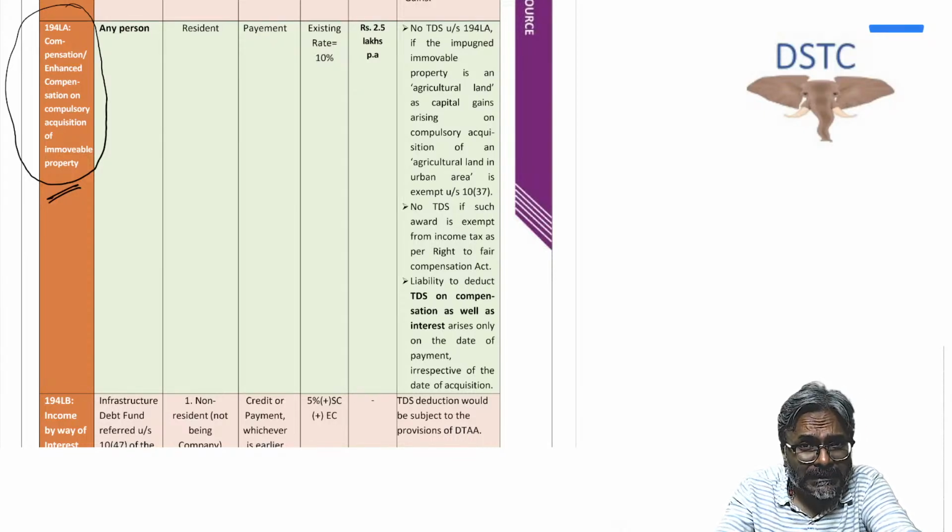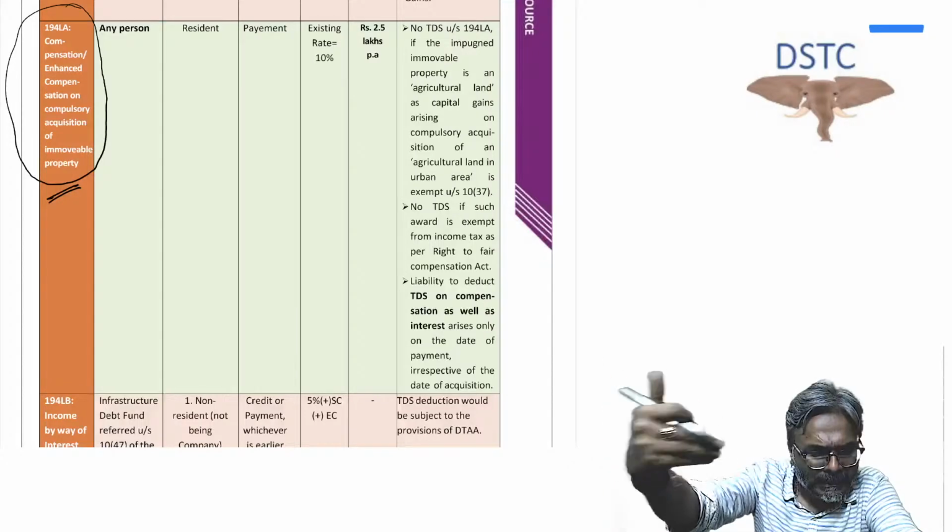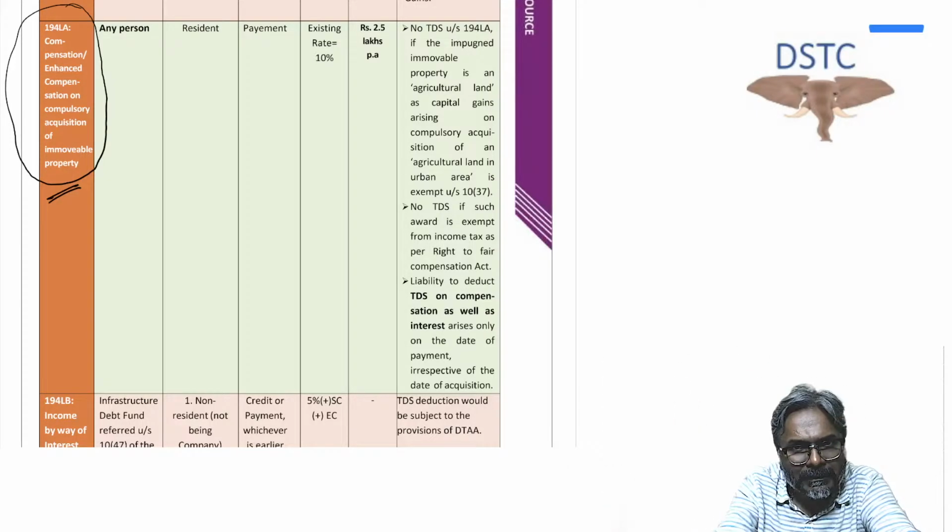These metro lines and the highways and the constructions which the government is doing, national highways. In fact, I have read some data about how many hectares of land or how many kilometers of land and other properties have been compulsorily acquired by the government through notification. Because obviously they need to make the entire landscape in a particular way, so they would ensure that whatever is coming in between will be compulsorily acquired.